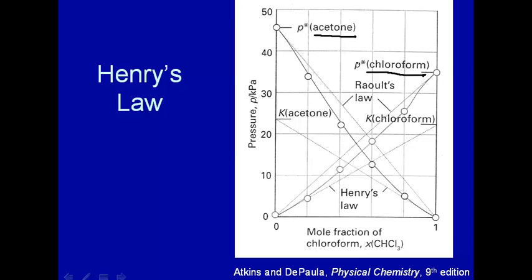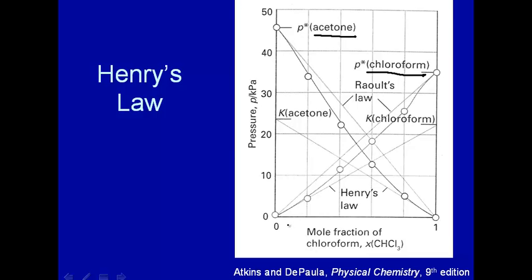If these two components followed the ideal mixture, then these partial pressure lines should be linear. That would be Raoult's law. The actual data, these dots with the line, fall below Raoult's law. So this system, acetone-chloroform, exhibits negative deviations from Raoult's law.